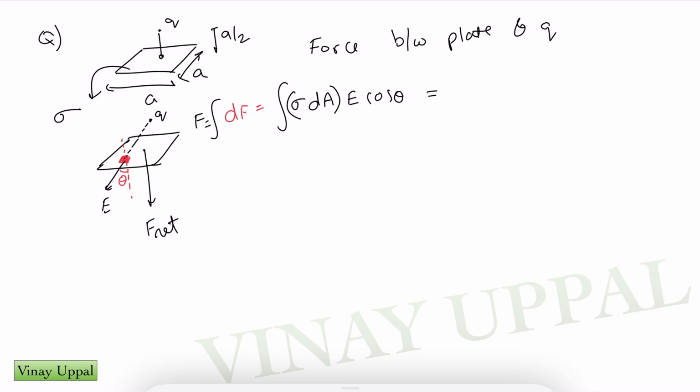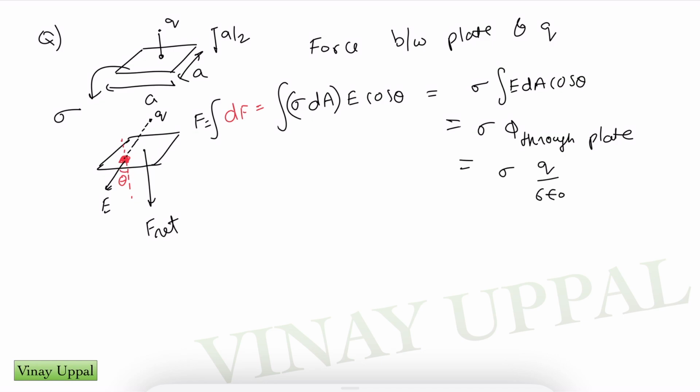But here you should be able to recognize that because sigma is uniform, I can take it out of the integral, and this is nothing but E dA cos theta, basically E dot dA, and that is nothing but the flux of the point charge through the plate. And we already know that. This was the first example that we did. Nothing but Q by 6 epsilon naught.